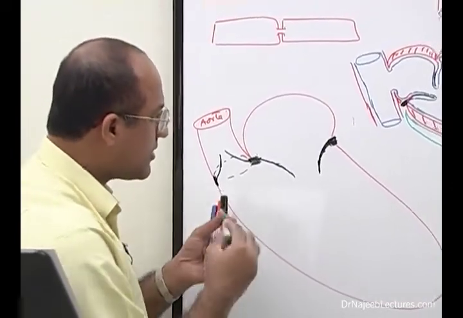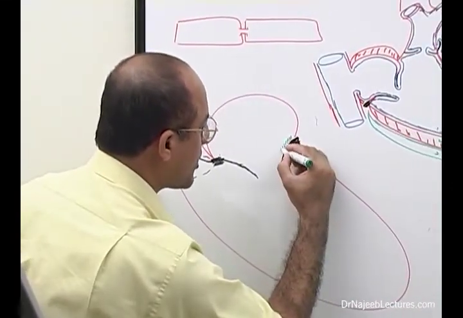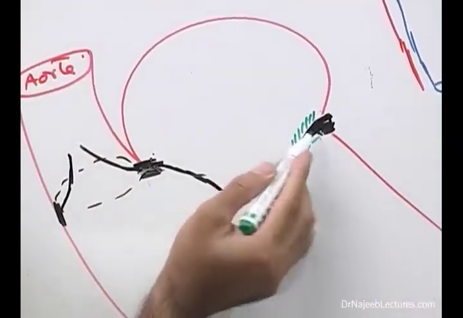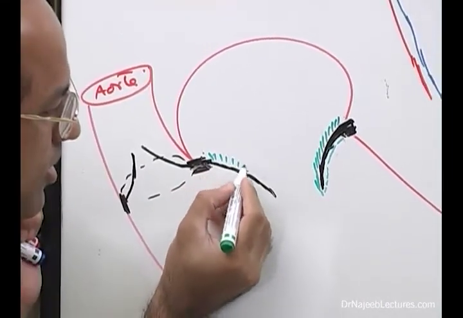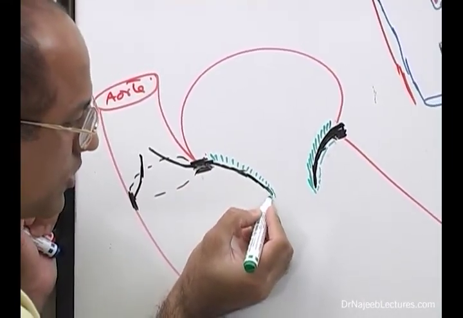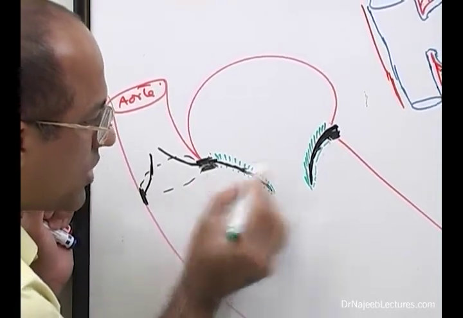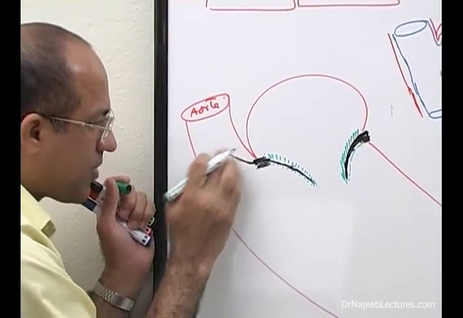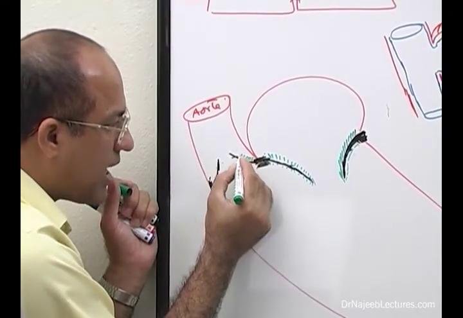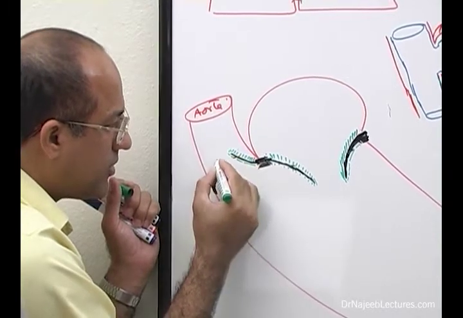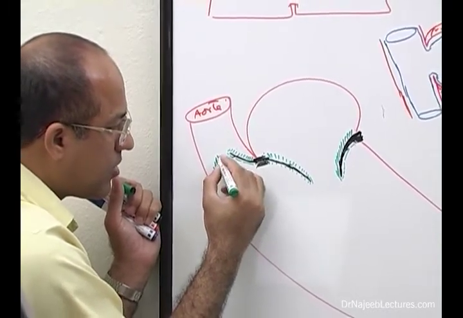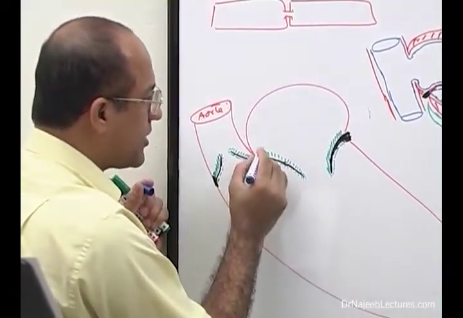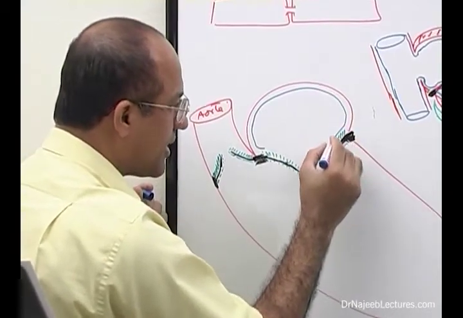Over it, there is some loose connective tissue, more on the atrial side. And here also, on the core, you have loose connective tissue, more on the arterial side. And then it is covered by endothelial lining.